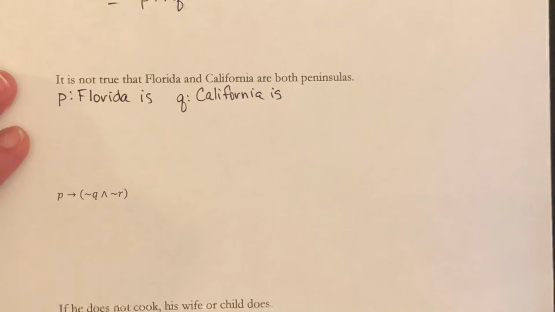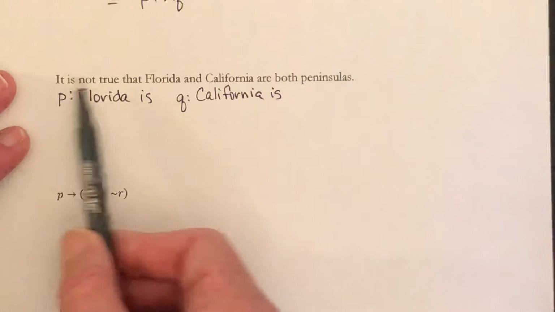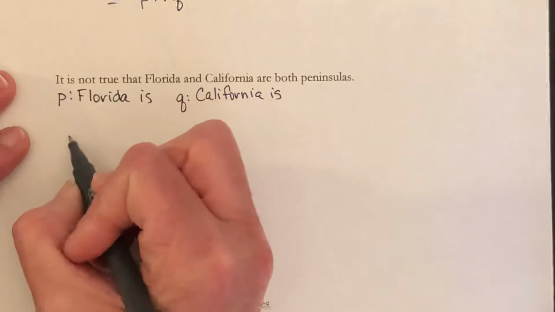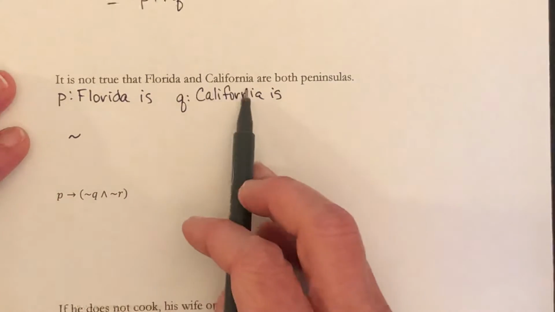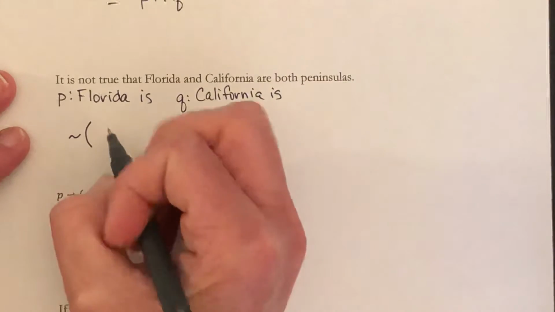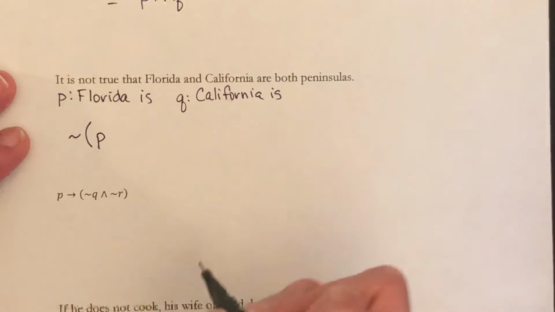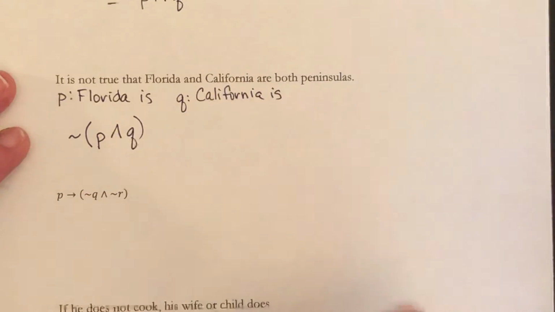When we negate those, all we have to do is put a not in the phrase. So it is not true that Florida is a peninsula and Q is as well.